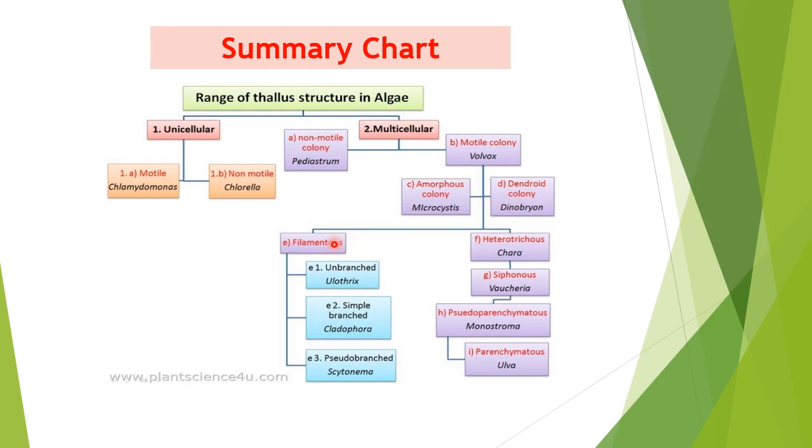Then we have a filamentous type, and a heterotrichous type, where there can be unbranched, simple branched, or false or pseudo-branched, or in heterotrichous habit you will find the prostrate system and the erect system. And there can be a parenchymatous type of thallus, or a pseudoparenchymatous type of thallus. This summary chart we will discuss one by one in the next slides.